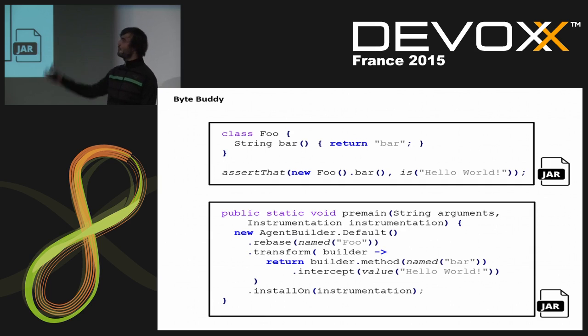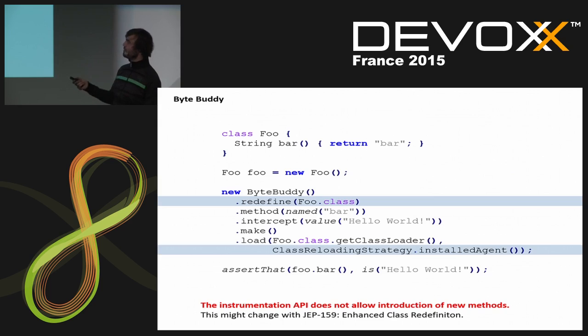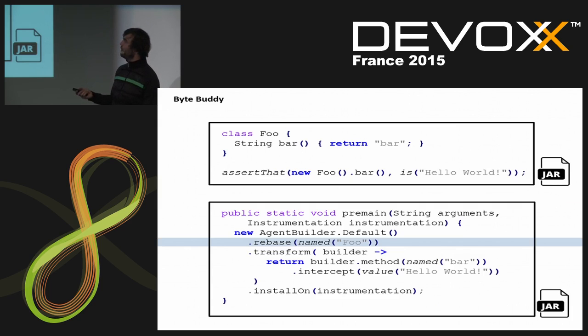Here we take an agent builder and we say, okay, we want to rebase any type named foo, like the one above, and then we want to transform that type. And this builder part is basically the same API as here. We take a method and we intercept it. And then we install this transformation on the instrumentation that we get for this Java application.